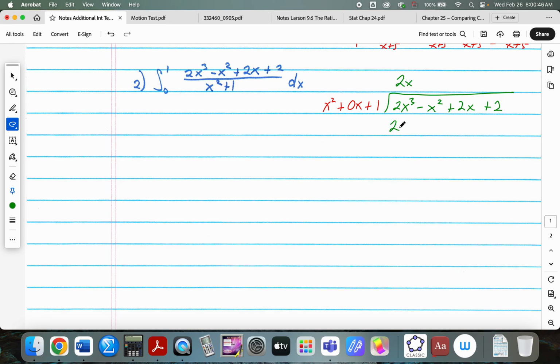Multiply, we get 2x cubed plus 0x squared plus 2x. When we subtract, we get negative x squared plus 0x, and I'm going to go ahead and bring down the next term, plus 2.